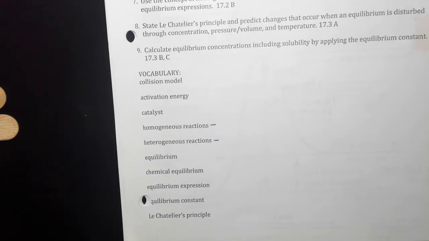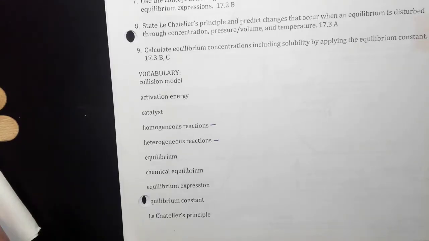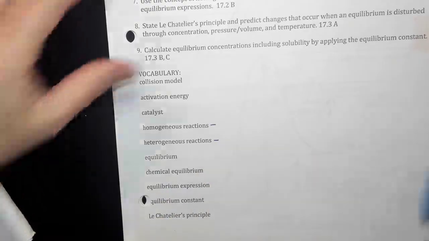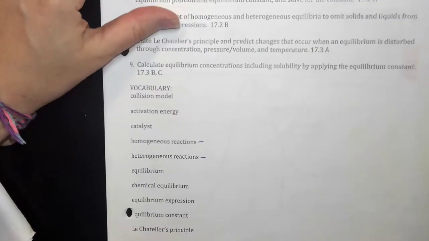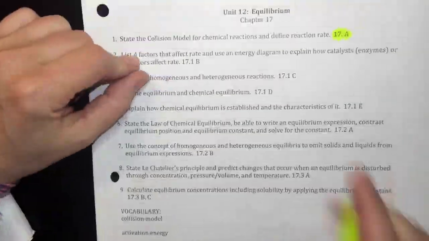All right. We are in chapter 17, page 599 and 600. Yesterday we talked about the collision model for chemical reactions and we defined the reaction rate.